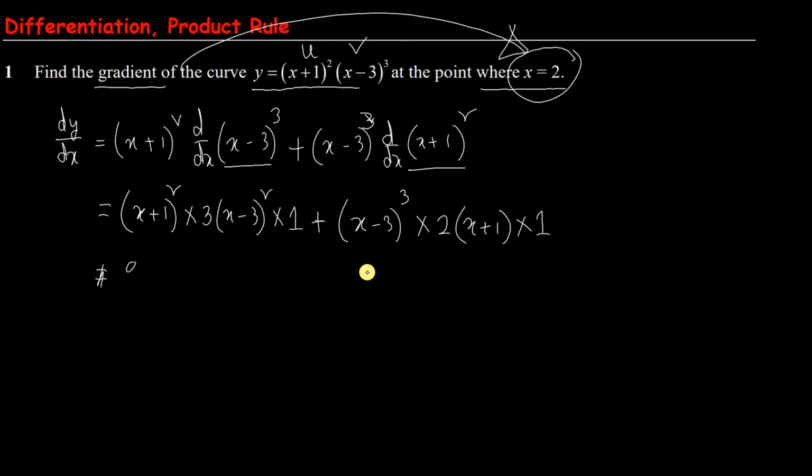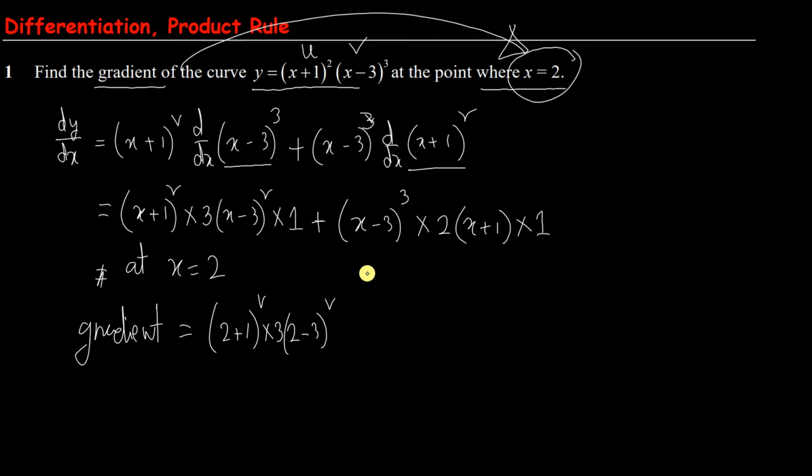So at x equals 2, the gradient equals 2 plus 1 whole square into 3 into 2 minus 3 whole square into 1, minus 3 whole cube, then into 2 plus 1 into 1. We can also use a calculator. So let me simplify. 3 square is 9 into minus 1 whole square, which means 1. 3 into 1 is 3.